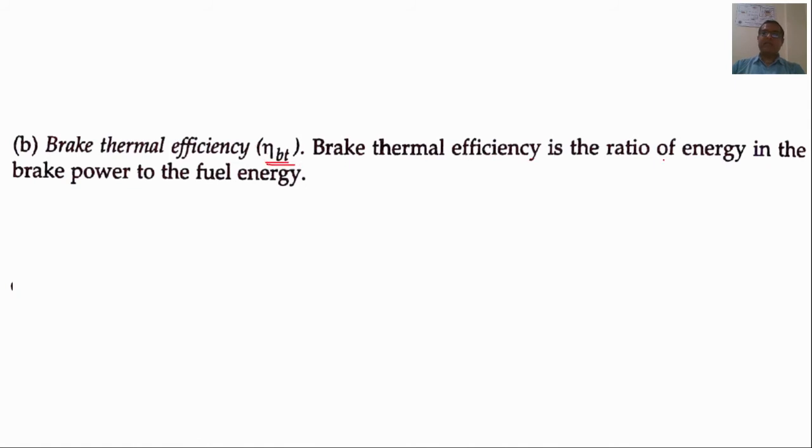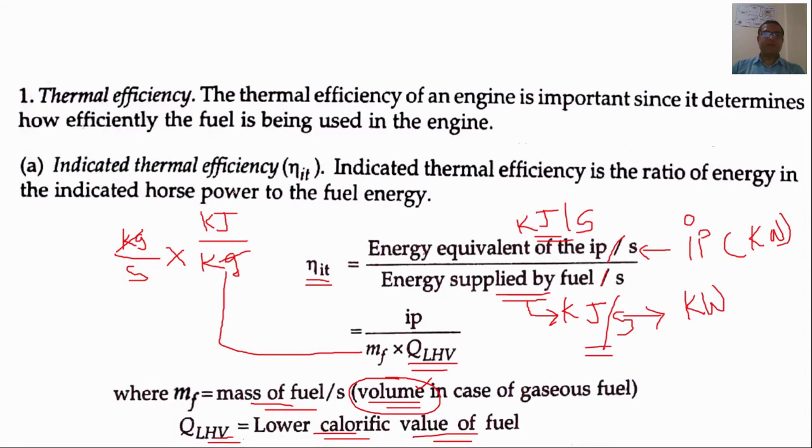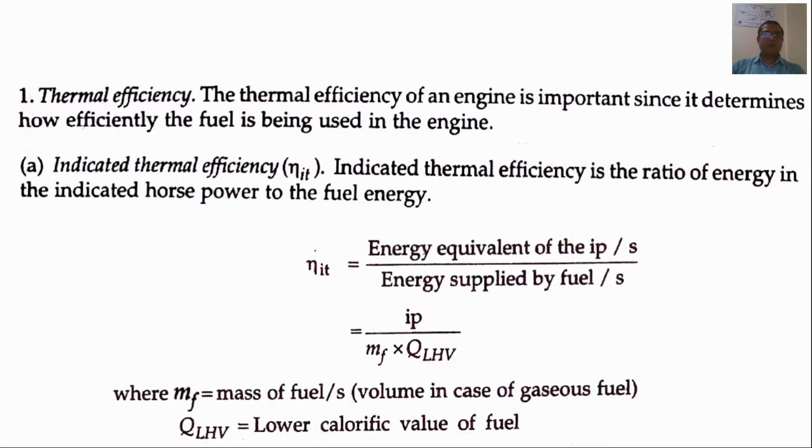Break thermal efficiency is the ratio of energy in the break power to the fuel energy. So first here you can observe that in the formula of indicated thermal efficiency, in numerator we have indicated power. Now as we have discussed, thermal efficiency determine how efficiently fuel is being used in the engine.